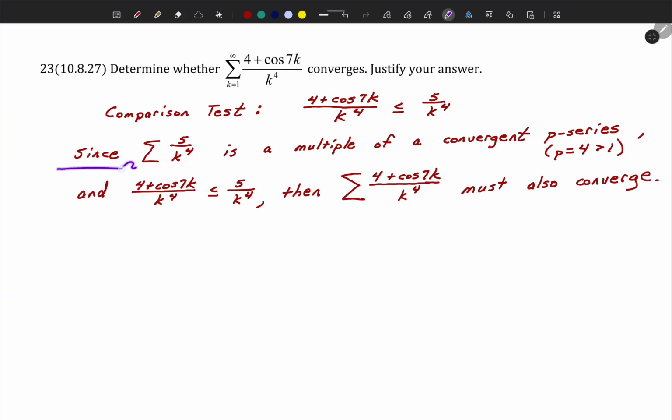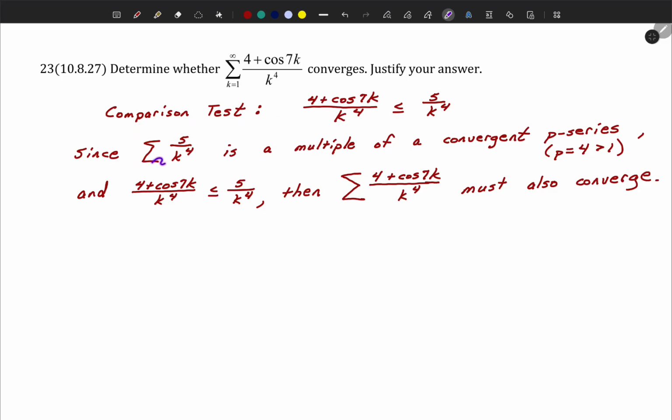Now, the summation of 5 over k to the fourth is a multiple of a p-series; this 5 can be brought outside, and you could say it's 5 times the summation of 1 over k to the fourth, which is a p-series with p equals 4, a convergent p-series. 5 times a convergent p-series is still convergent.